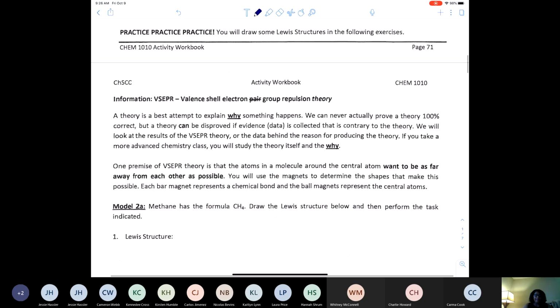And we're going to apply a theory called the VSEPR theory, which stands for Valence Shell Electron Pair Repulsion theory. It's also been called Valence Shell Electron Group Repulsion theory by more modern textbooks, but I still use the pair instead of the group terminology.